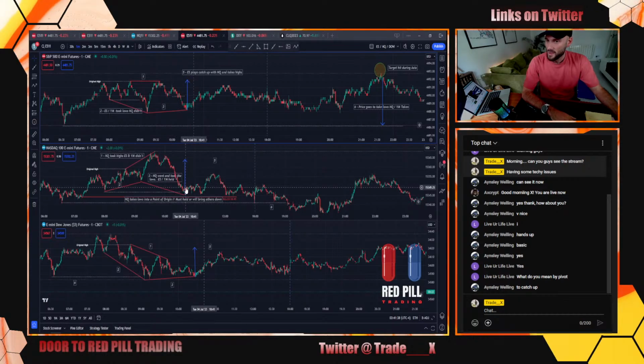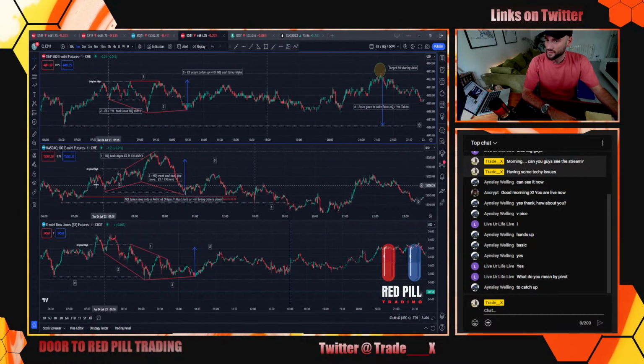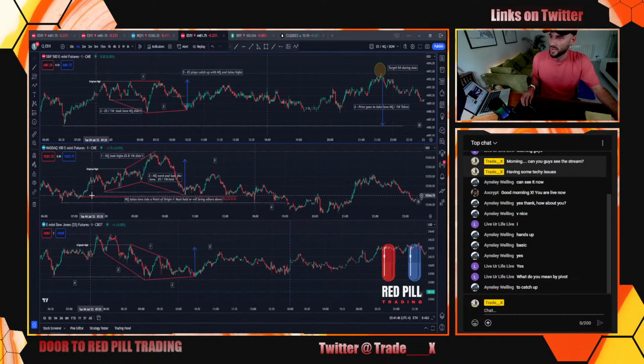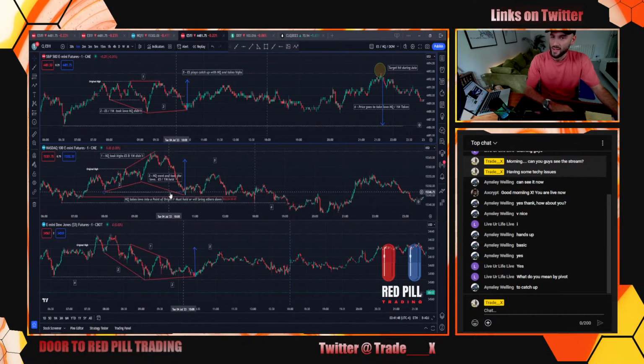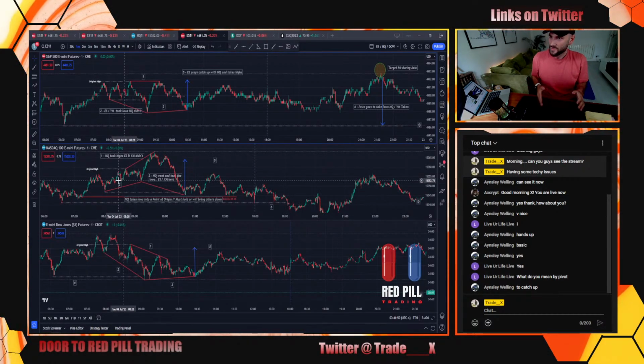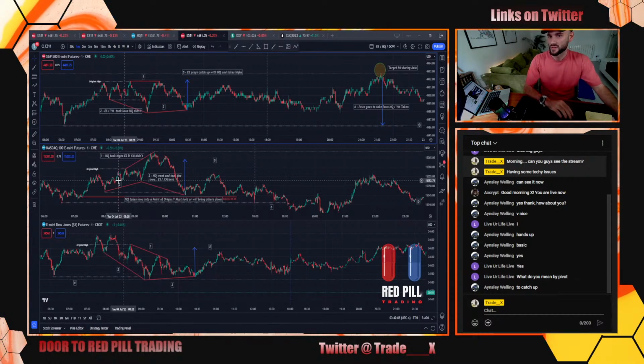Now what I'm looking for on NQ is for NQ to respect a point of interest, or what's technically known as a point of origin, right? Now, a point of origin is where previous accumulation has taken place and displacement has moved out of it. So that is where institutional smart money has accumulated. Okay, so price, when it comes back to that level, you're likely to see that level respected.